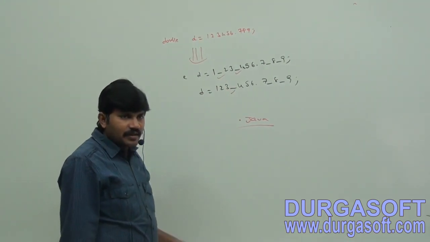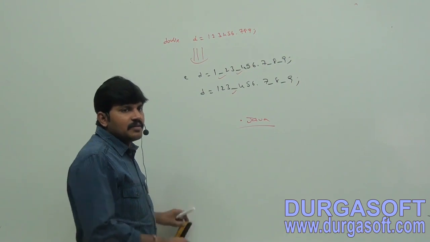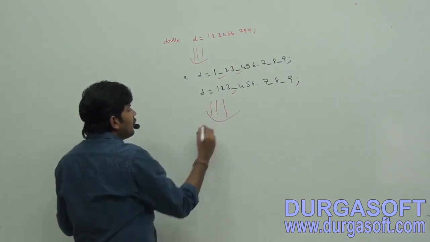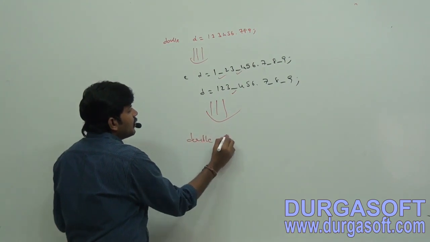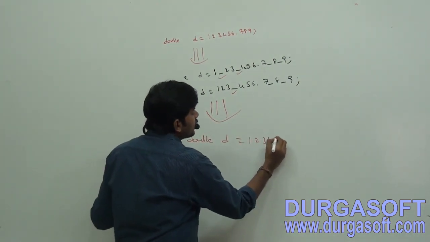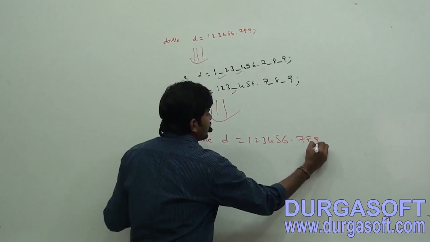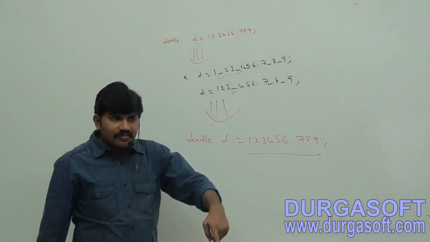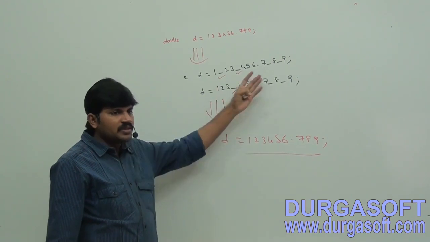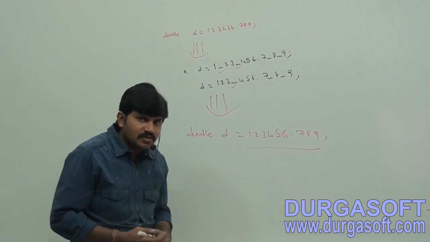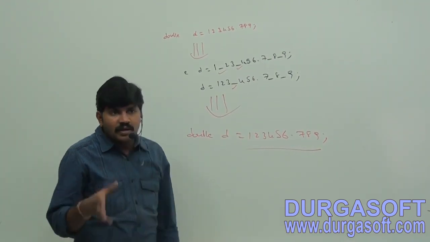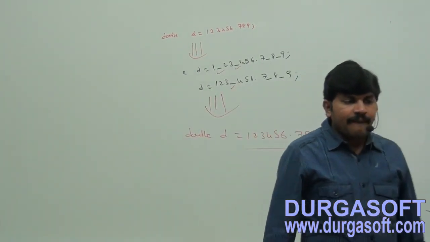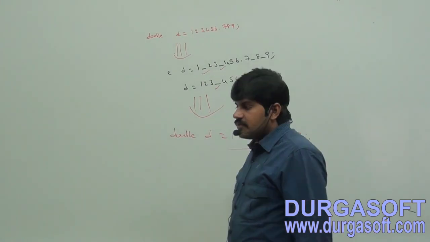That's why after compilation, these two lines will become once again double d = 123456.789. There is no effect on the JVM because the JVM doesn't know about these underscore symbols, because these underscores will be removed automatically at compile time only.